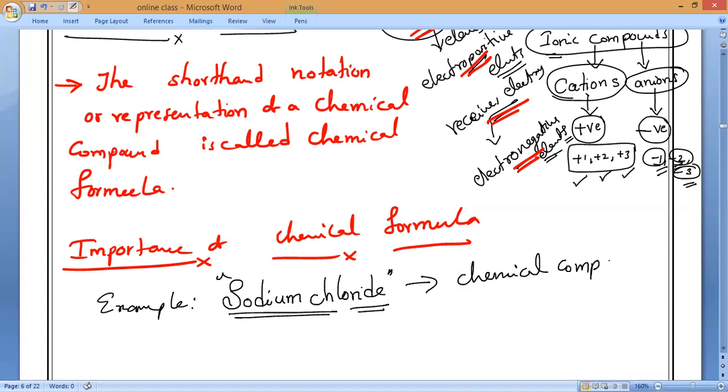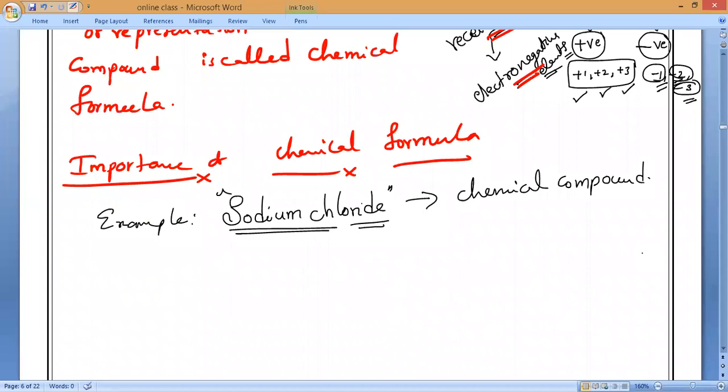Now, if I write its formula, can you tell me what the formula is? Anybody? What is the sodium chloride formula? The sodium symbol is Na, and chloride means chlorine, whose symbol is Cl. So this is the formula of sodium chloride.